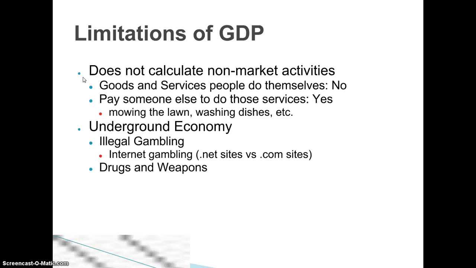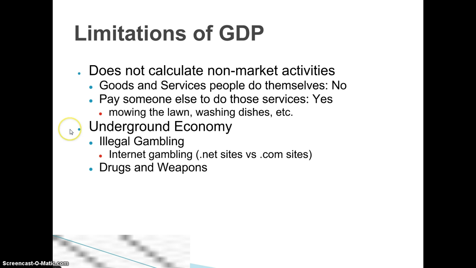So, in other words, if I pay someone to come in and paint my house, it's counted in GDP. But if I don't pay someone, if I just decide to paint it myself, that's not considered part of GDP because there was no money changing hands. So that's the biggest key to GDP. Some form of money has to change hands.